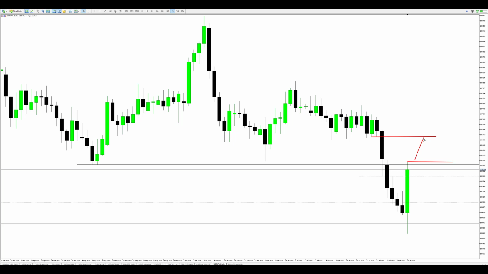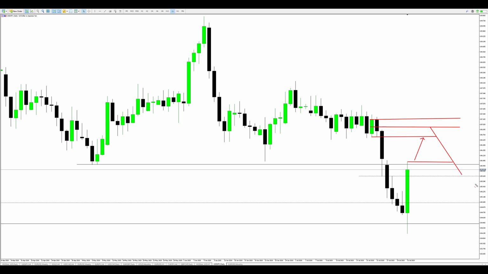Expect price to close the gap, the bearish fair value gap. So only when price reaches this area, or 50% main threshold of this up candle here, then you have to anticipate price to trade to the downside.